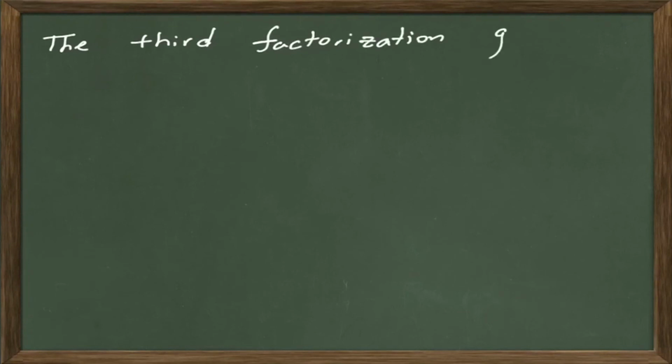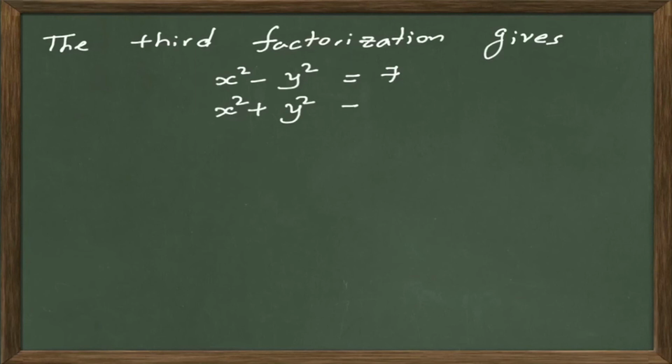The third factorization gives that x squared minus y squared is equal to 7 and x squared plus y squared is equal to 25.